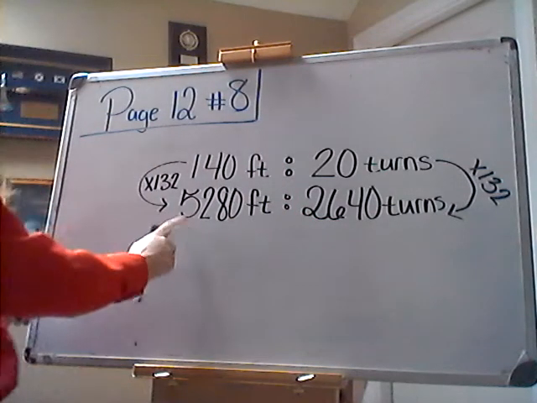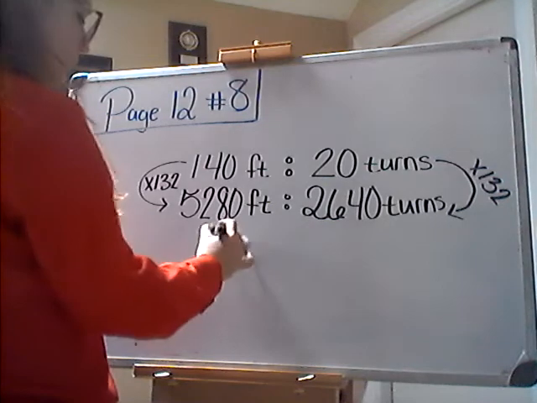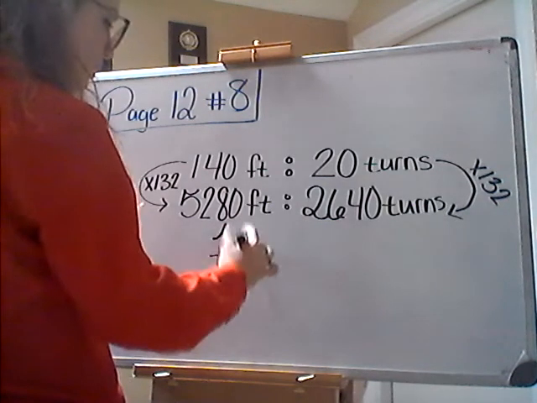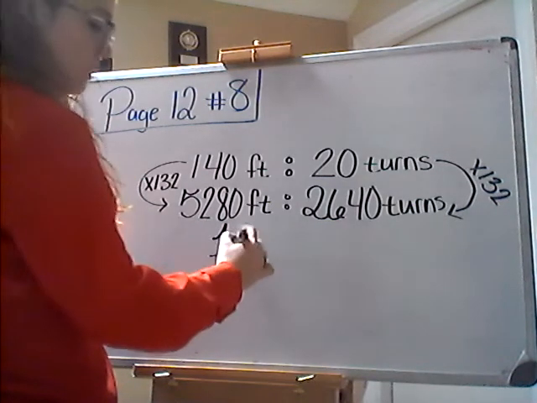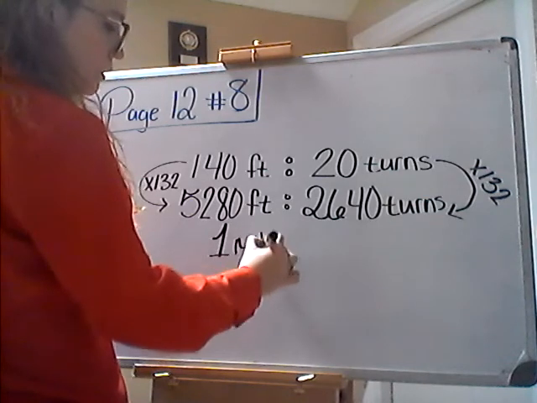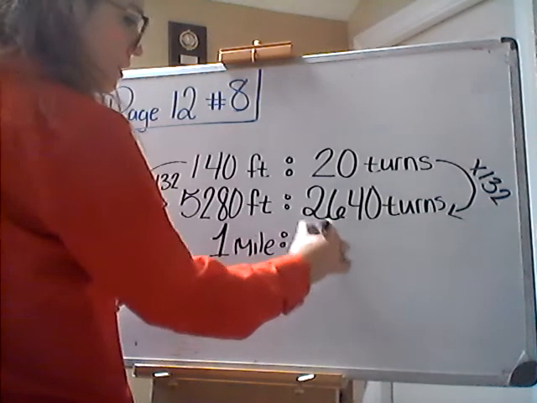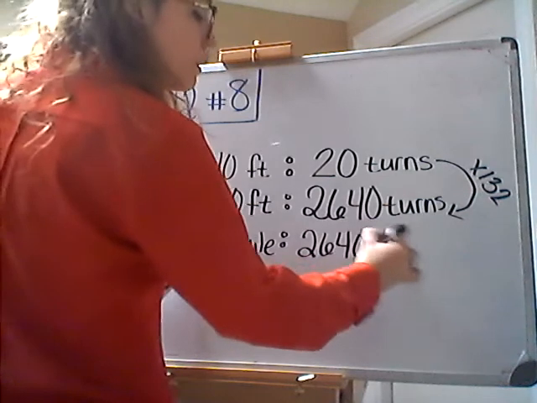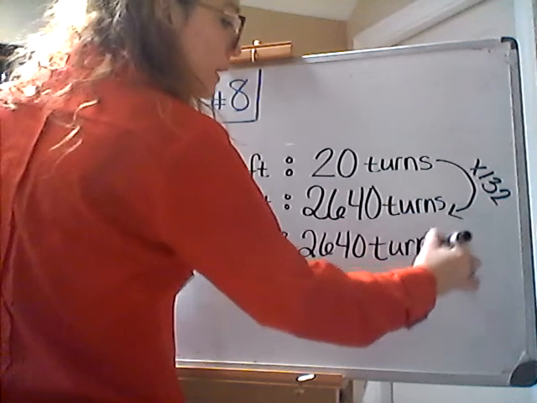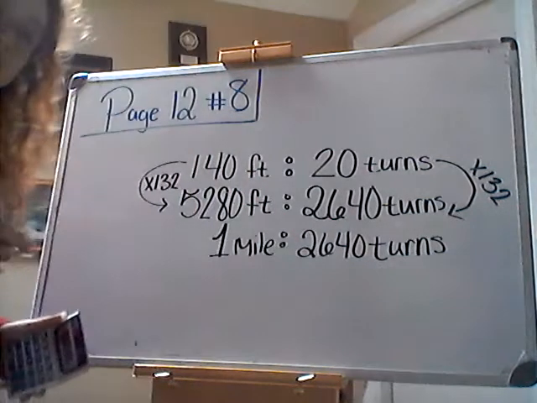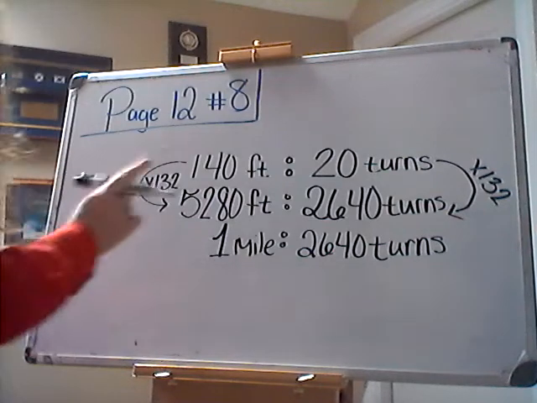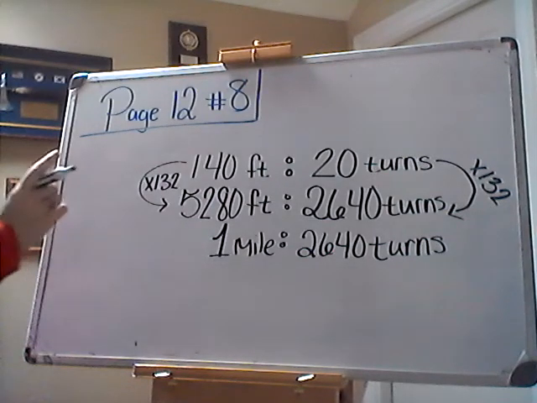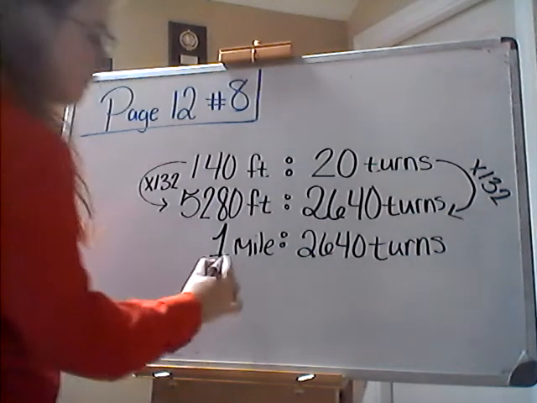Hold up. 5,280 feet is only 1 mile. You can replace 5,280 feet with 1 mile because that's what it is. So 1 mile is 2,640 turns. If it asked for 1 mile, then that would be your answer. But unfortunately, it asked for 5 miles. How many times will the wheels turn in 5 miles?